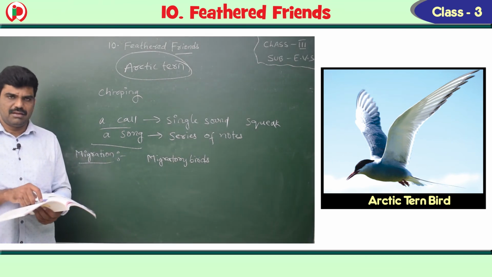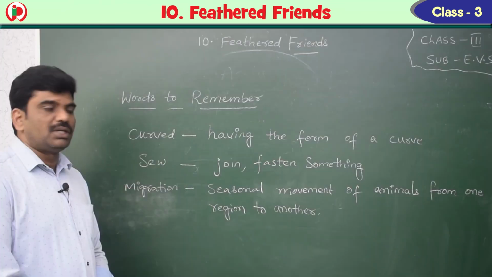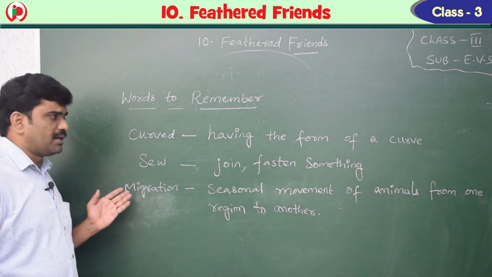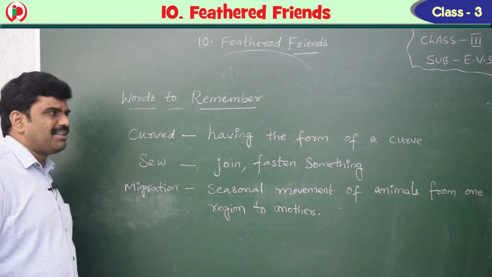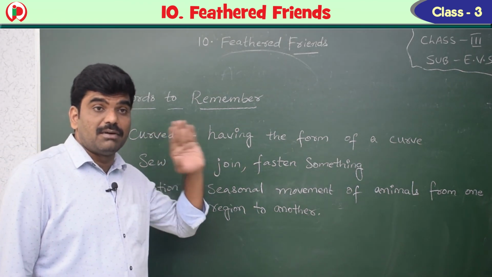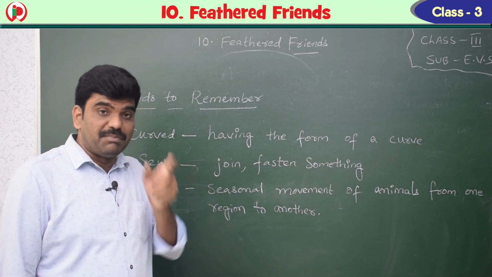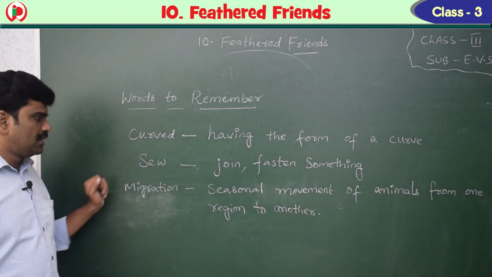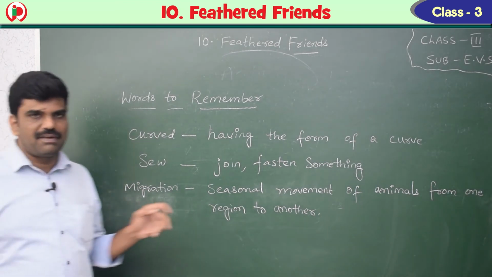Okay, right. Children, now let's see words to remember here. Three words are there. Curved, having the form of a curve. So curved, this word you have learnt in beaks, curved beaks. Sew, join or fasten something.